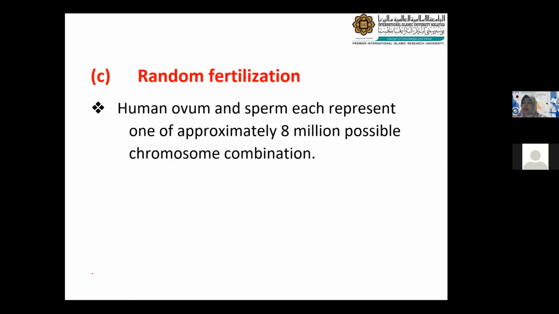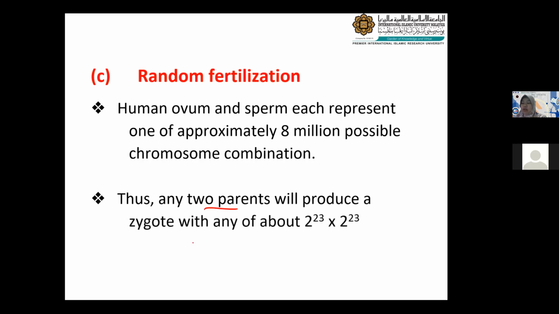Human ovum and sperm each represent one of the approximately 8 million possible chromosome combinations that we discussed in independent assortment just now. So any two parents will produce a zygote with any of 2 to the power of 23 possible combinations, which is around 70 trillion possible combinations. Okay, random fertilization of the gamete and also the ovum, right?